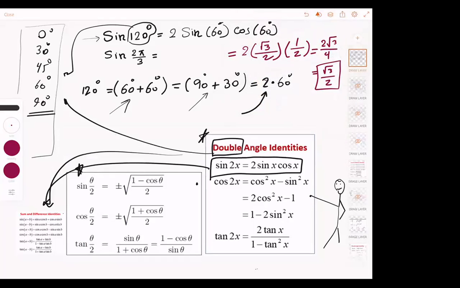Good, Elizabeth. As long as you understand it, as long as you know what I do and why we do this, that's perfect. As long as you know that somebody programmed these formulas on your calculator, that's how your calculator knows all those algebra.